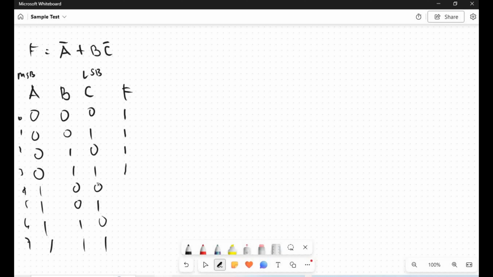So B is 1 and C is 0, which has a value of 6. So the remaining inputs should have an output of 0.